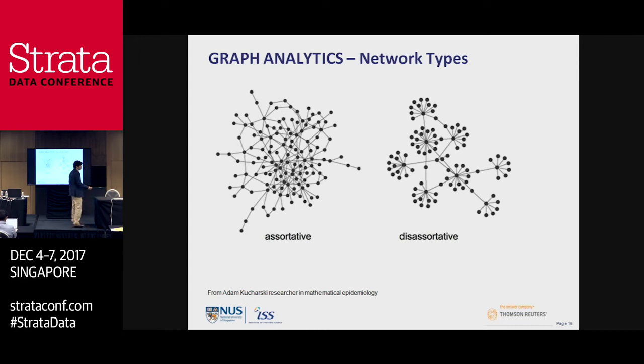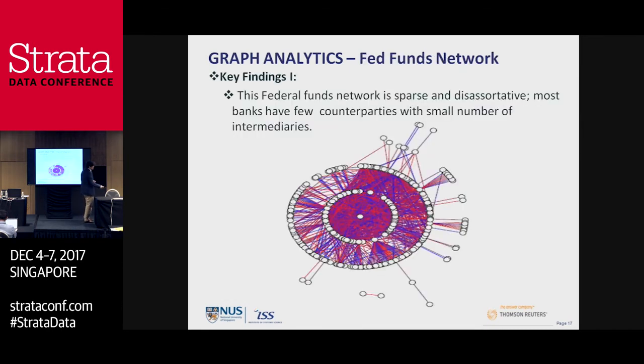So this graph here is what you see, a disassortative graph. It's the actual graph that's in the federal funds market here. It shows that this is, for example, could be a too big to fail bank here. In this disassortative market, you have a node, a bank, which lends money to, I think it's an intermediary, which lends money to a lot of smaller counterparties.